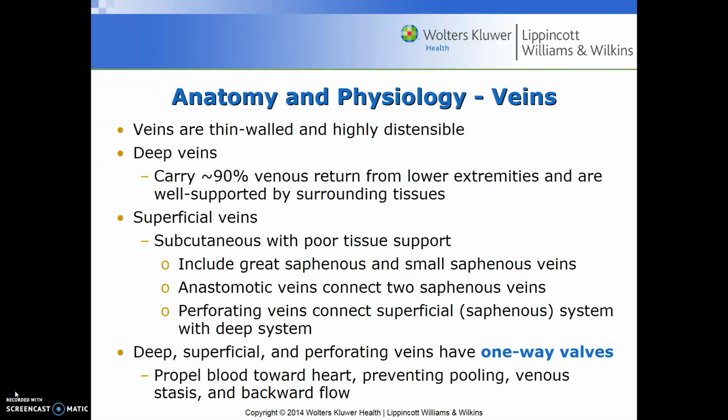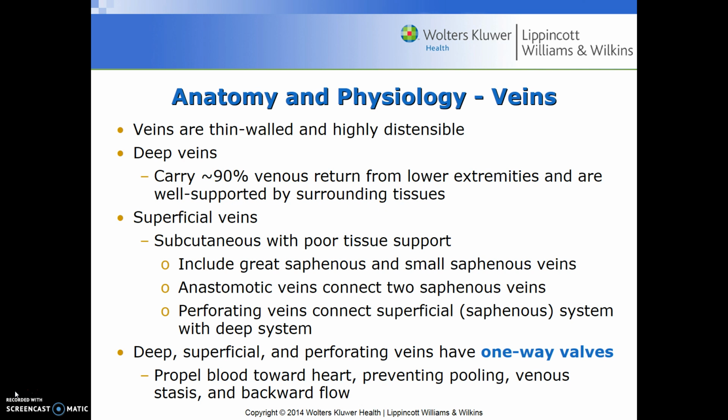The anatomy of the veins reveals that they're thin-walled and highly distensible. Deep veins carry about 90% of the venous return from the lower extremities, and they're very well supported by their surrounding tissues. The superficial veins are located in the subcutaneous tissue, and they have really poor support.